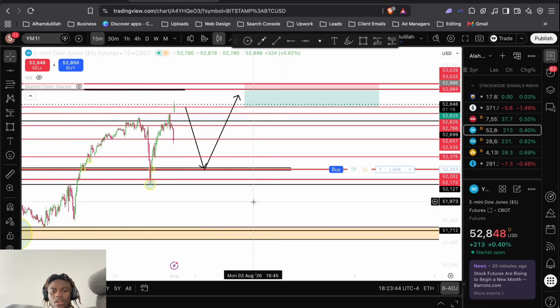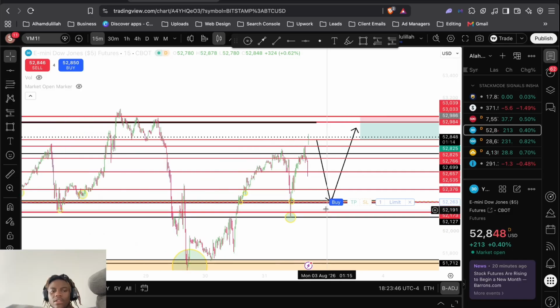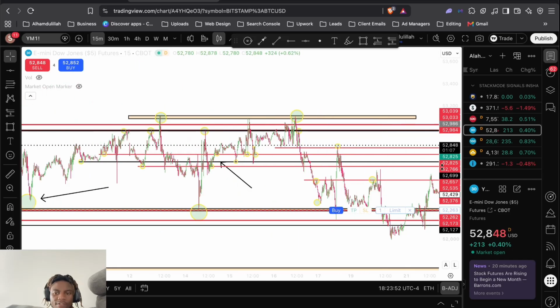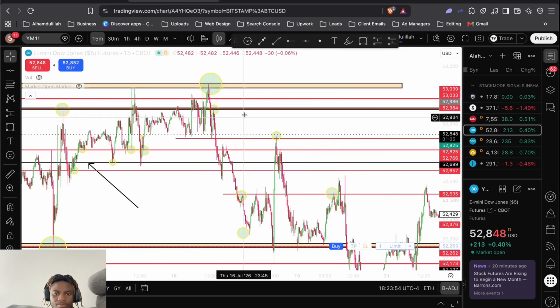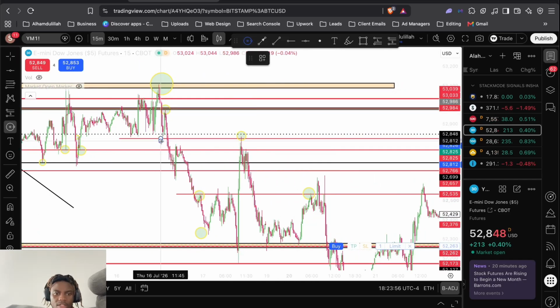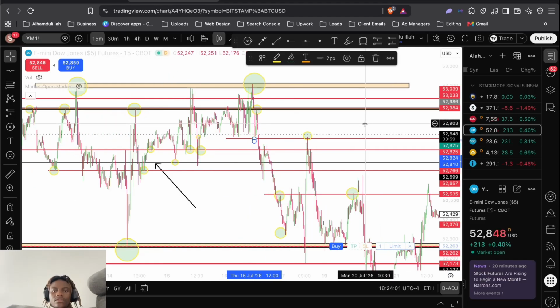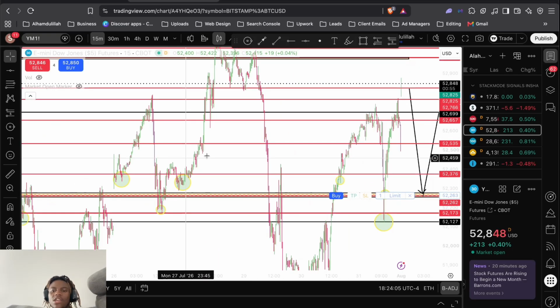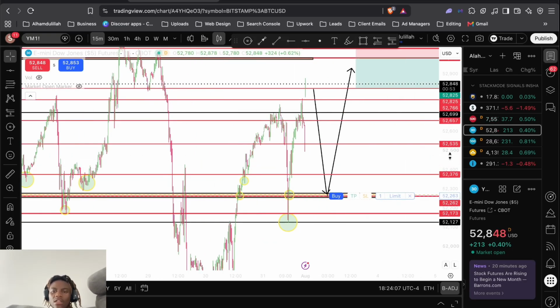And then you're going to be taking it down to a key area of support. Yep. And then if you're longing, you're going to enter at the support mirror.